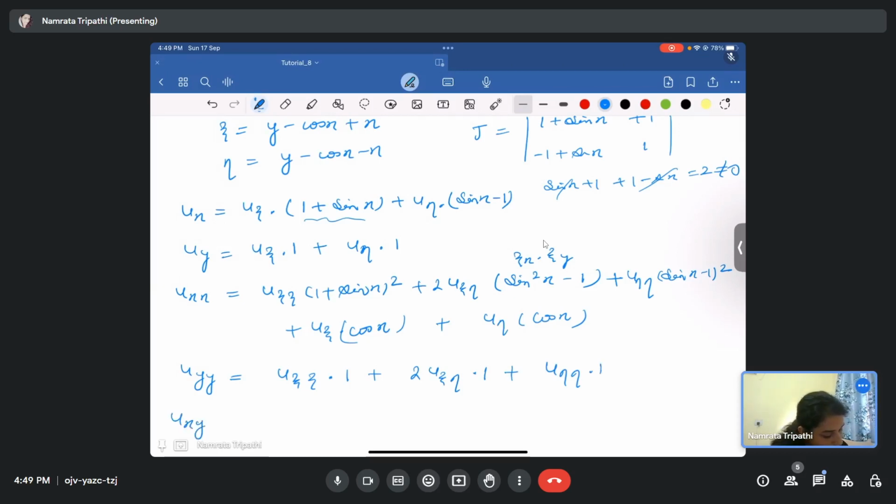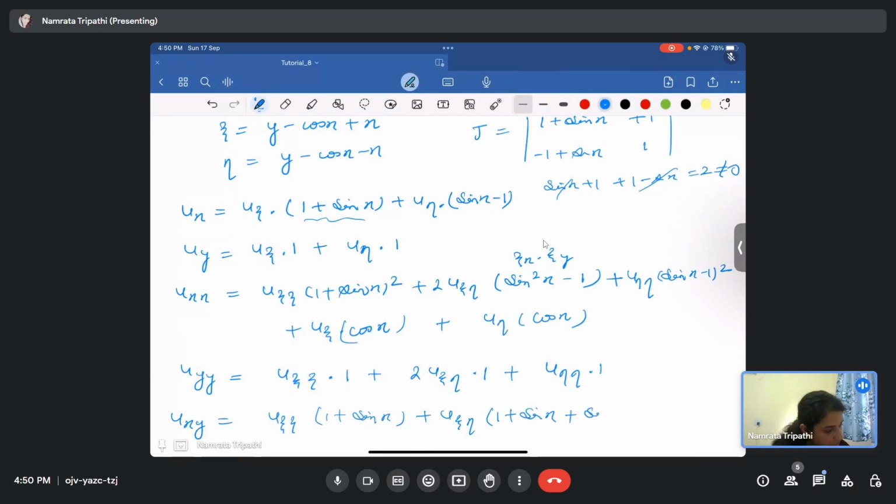Similarly u xy: u xi xi into xi x and xi y multiplying. Xi y is 1, xi x is 1 plus sin x, plus u xi eta into xi x into eta y plus xi y into eta x.